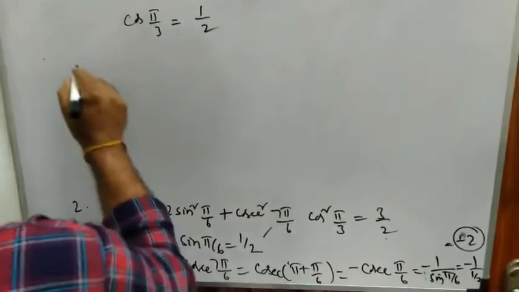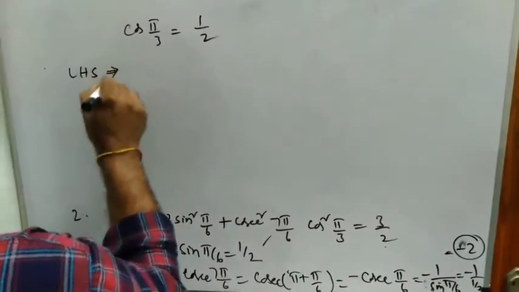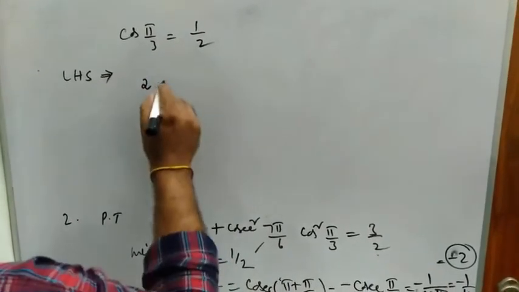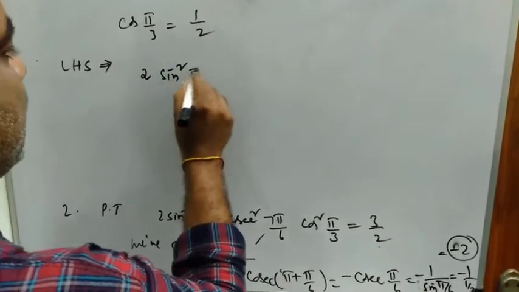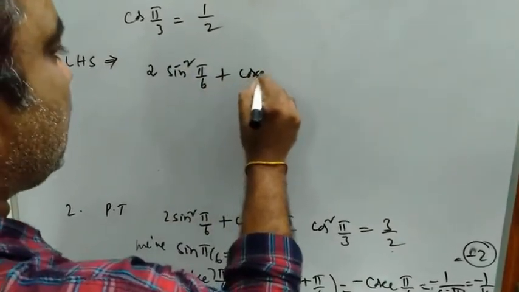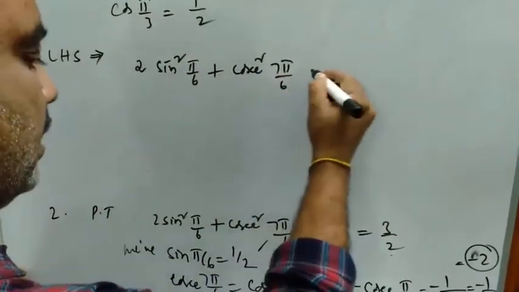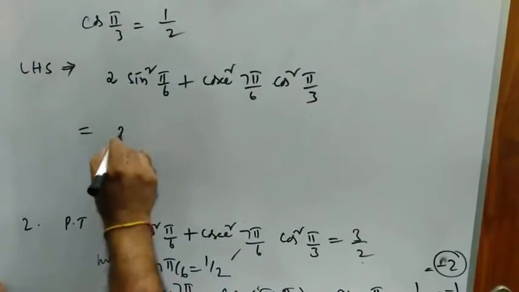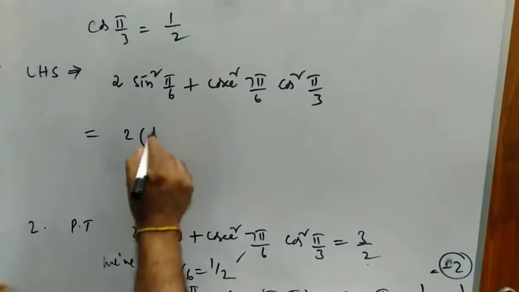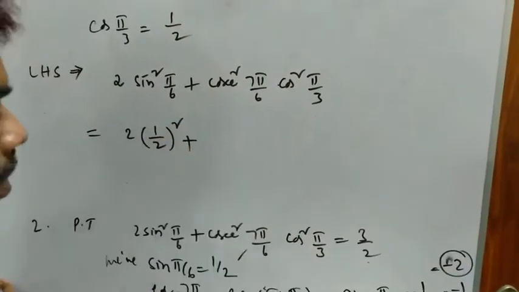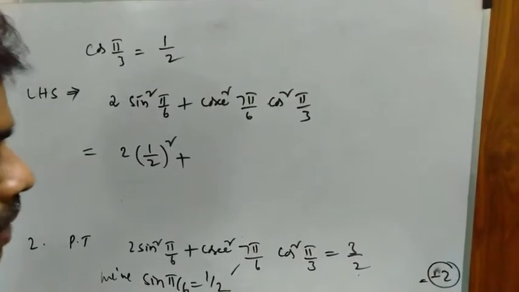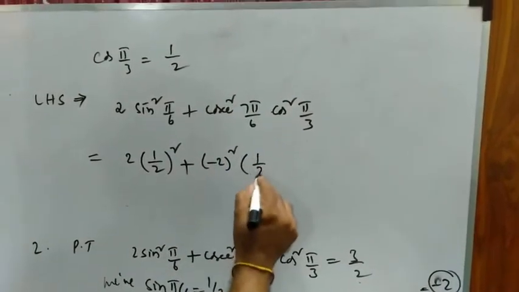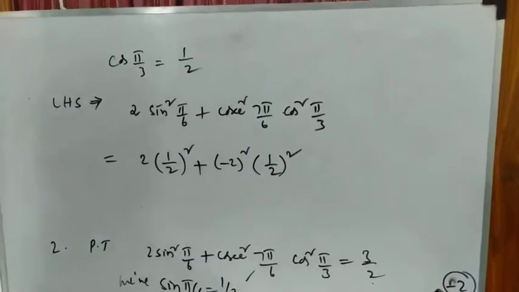Now considering the left hand side part, 2 sin square pi by 6 plus cosecant square 7 pi by 6 into cos square pi by 3 is equal to 2 into sin pi by 6, 1 by 2 whole square, plus cosecant square 7 pi by 6, that is minus 2 whole square, into cos square pi by 3, that is 1 by 2 whole square.